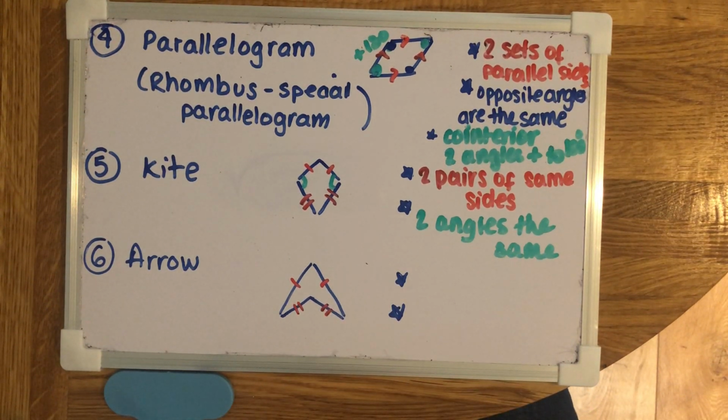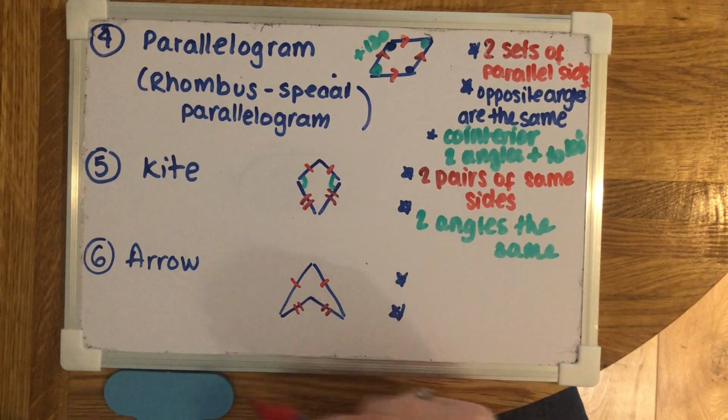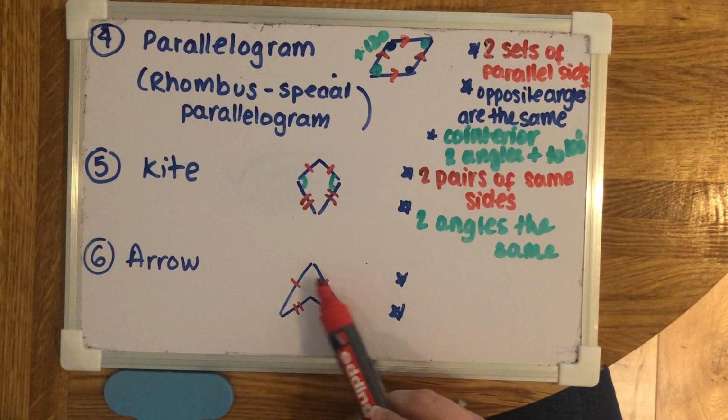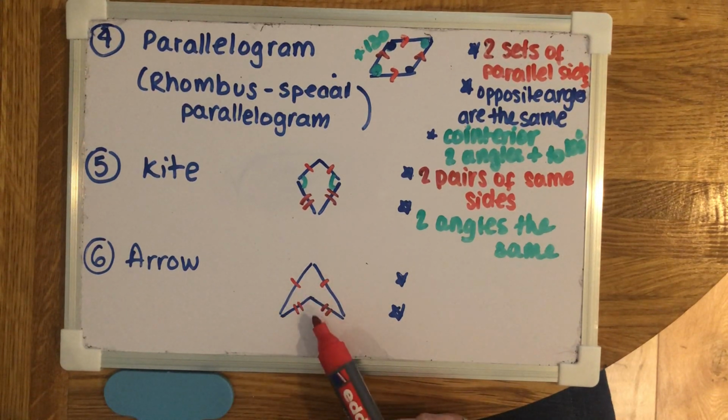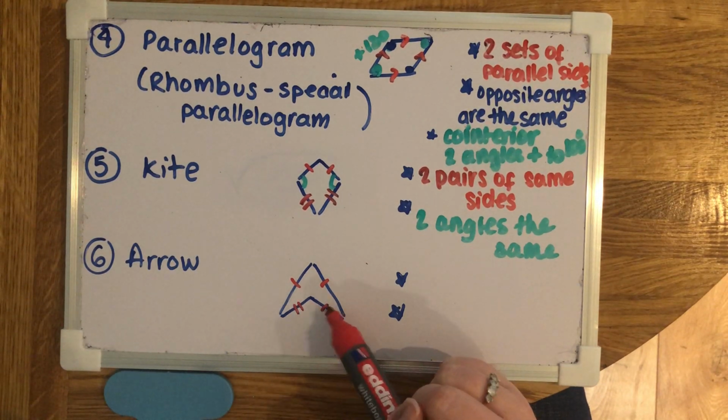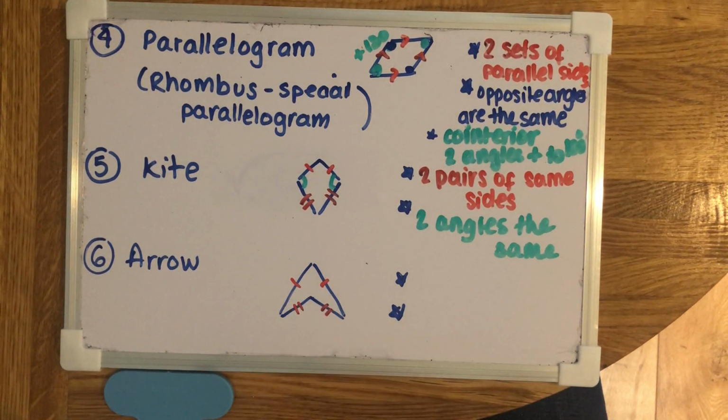Okay, now there will be some exceptions, but at the moment you'll just be focusing on ones that have this sort of look. Sometimes they won't make these two the same, or they won't make these two the same, and the way you can notice it is if these two angles in the corners of the arrow are not the same. Okay, but for now we're just going to be focusing on these ones.